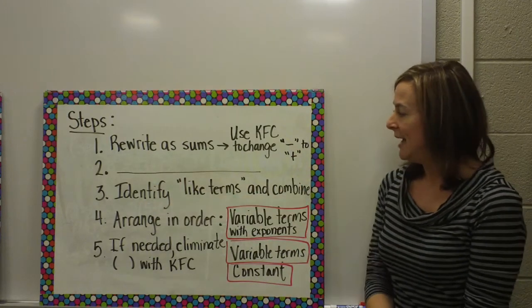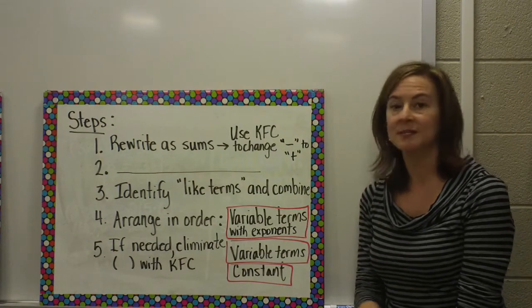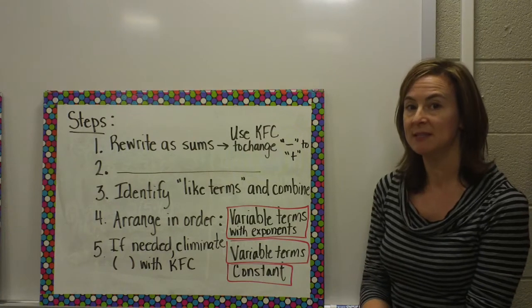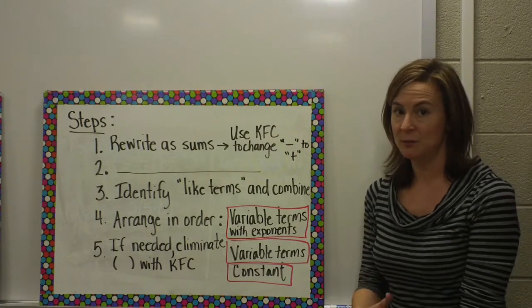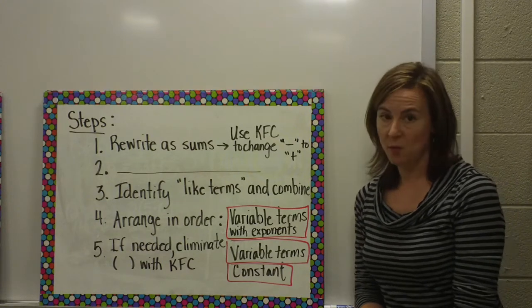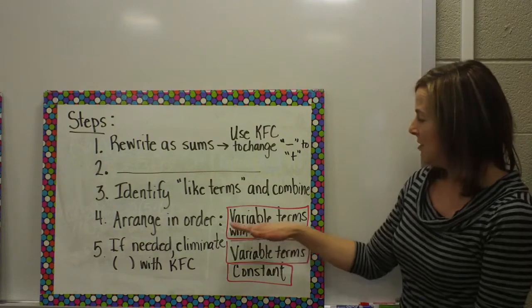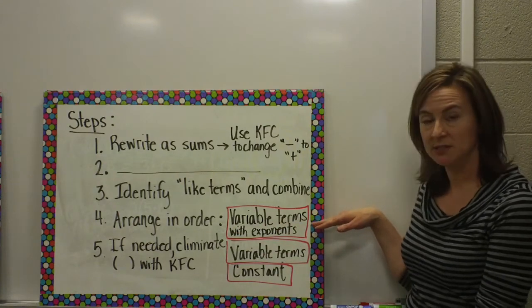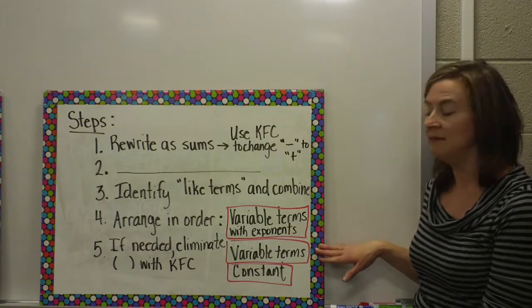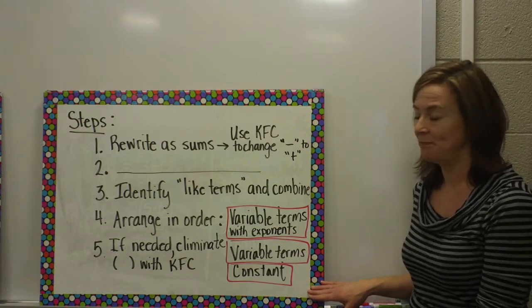Step 3, identify like terms and combine. We're going to be using highlighters or colored pencils to make this step a little easier, so make sure you have those materials as well. In step 4, you are going to arrange in the following order. Variable terms with exponents go first, then variable terms, and last, your constant.